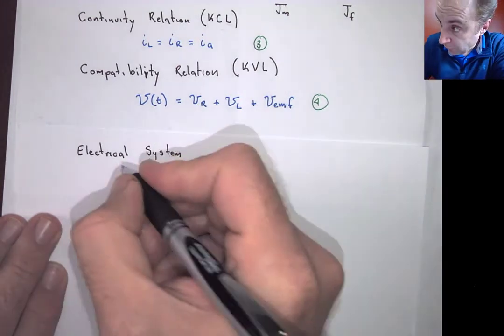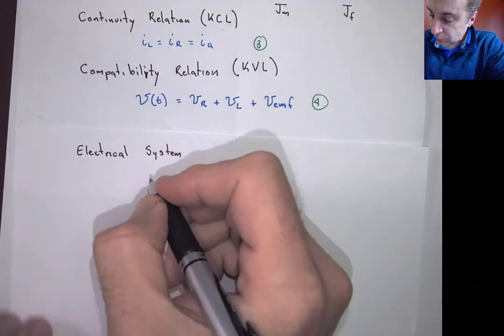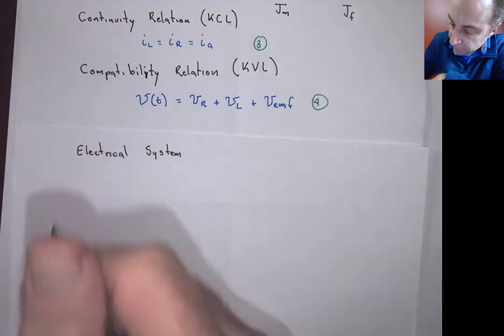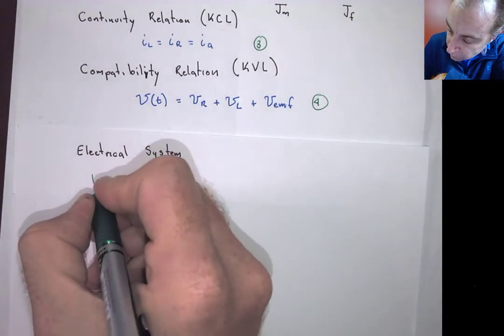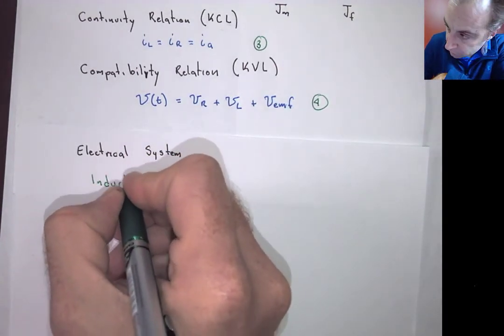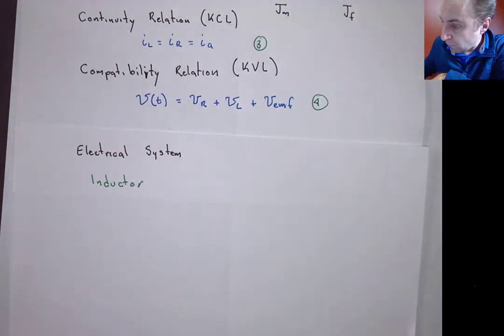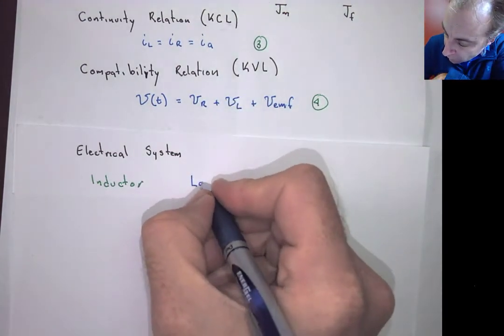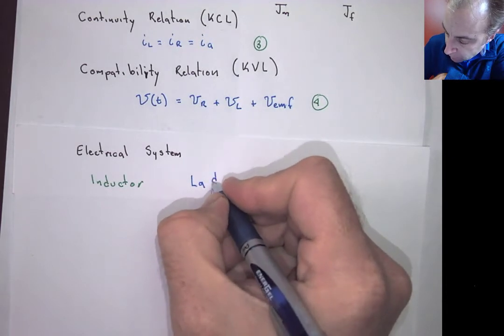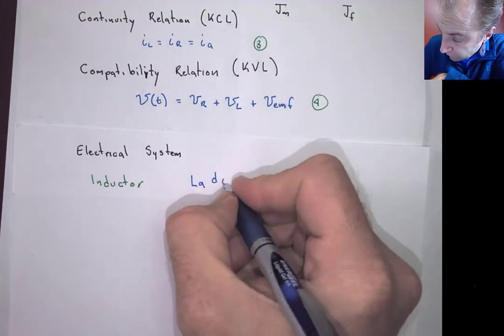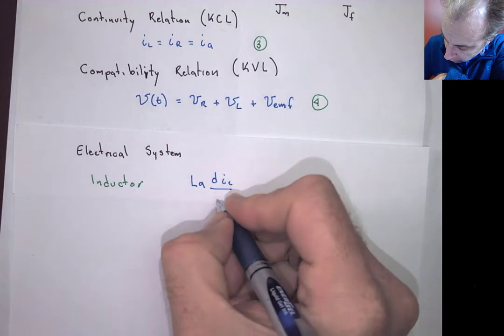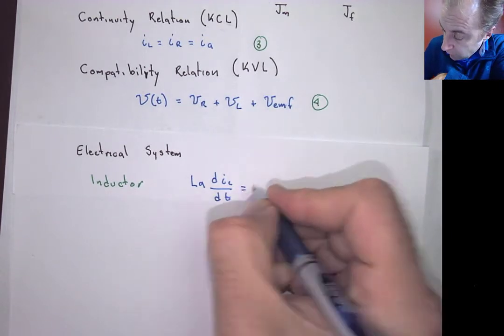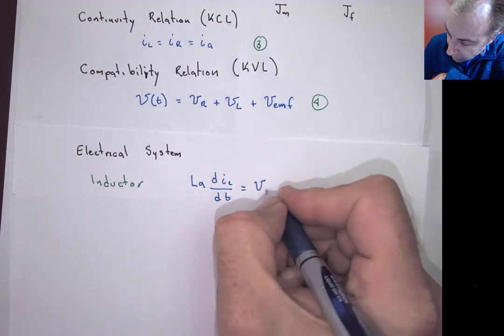So the constitutive equations are for the inductor, we have LA times the time derivative of the current is going to be equal to VL.